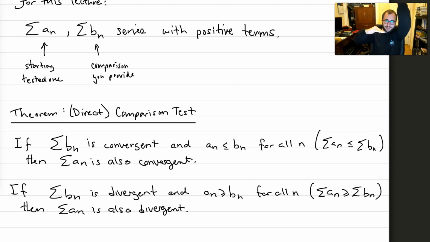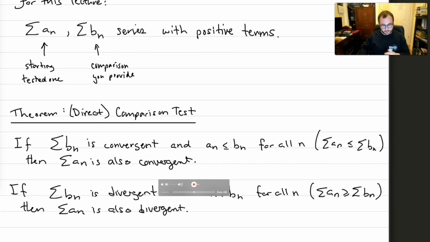If the series is above it, it can be doing whatever it wants. It could diverge for all you know. But if you have a convergent series that you're using to compare, you have to have your tested one underneath in order to draw a conclusion from this test.